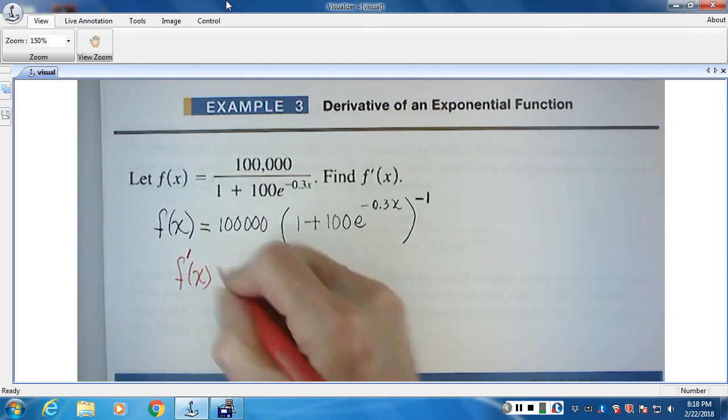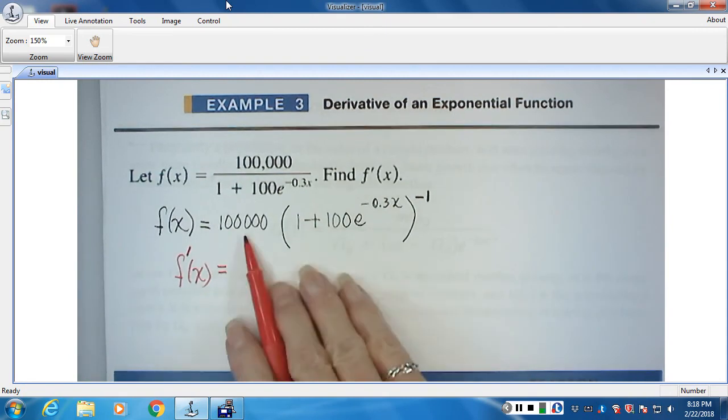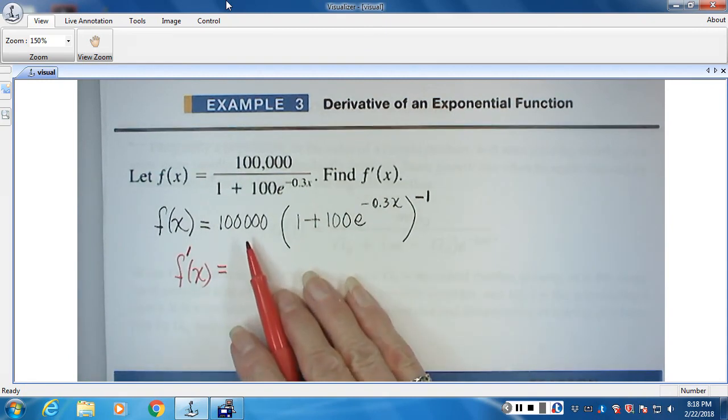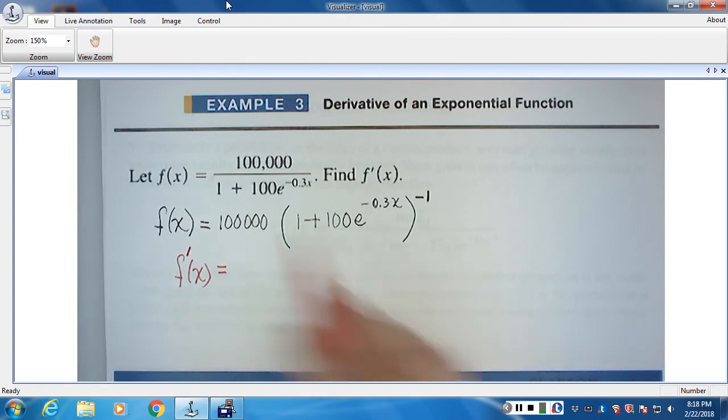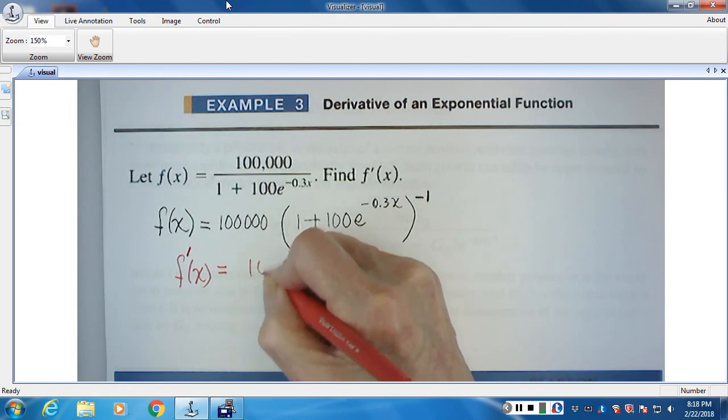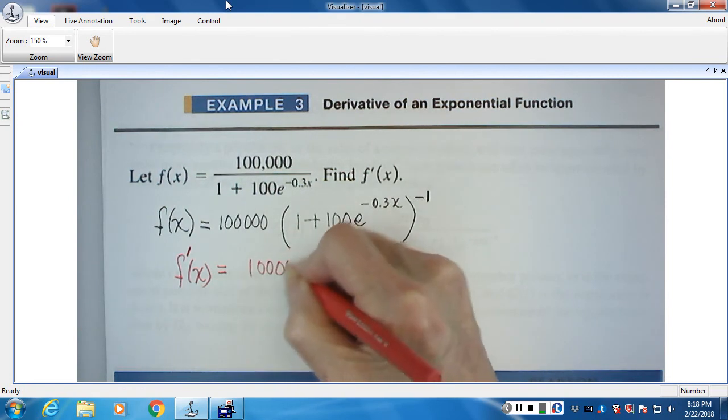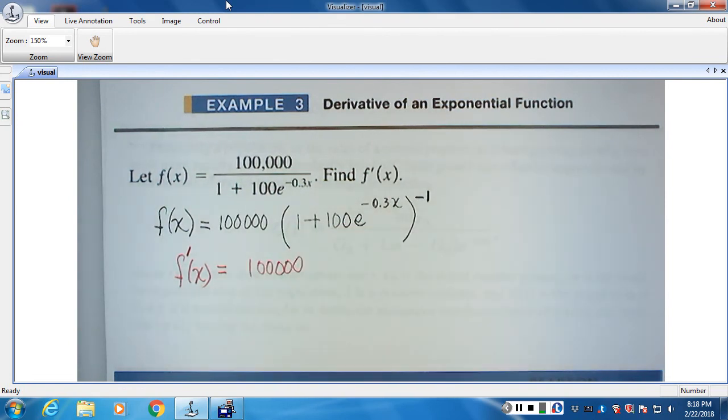What you do with the derivative is you remember that's just a number. It's just a multiplier. It's riding along. Bring it down. Don't change it. Don't mess with it. Bring it down.